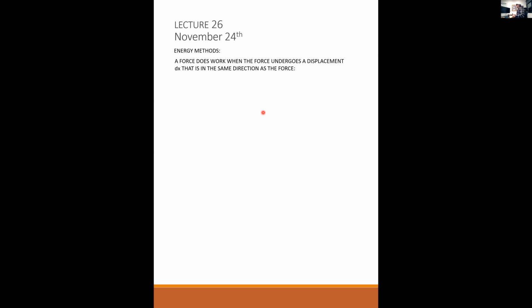Okay, so getting started, energy methods. A force does work when the force undergoes a displacement dx that is in the same direction as the force. So remember we talked earlier about if I climb a mountain, it doesn't matter if I take the short road or the long road.